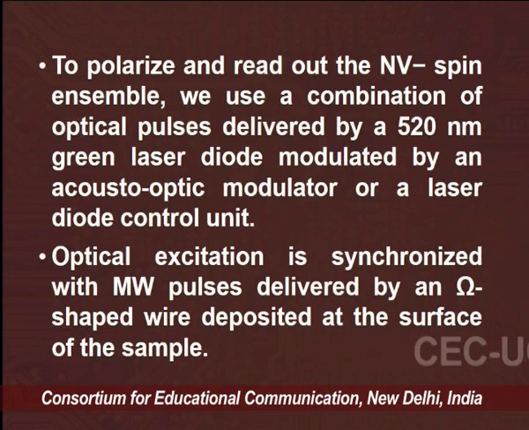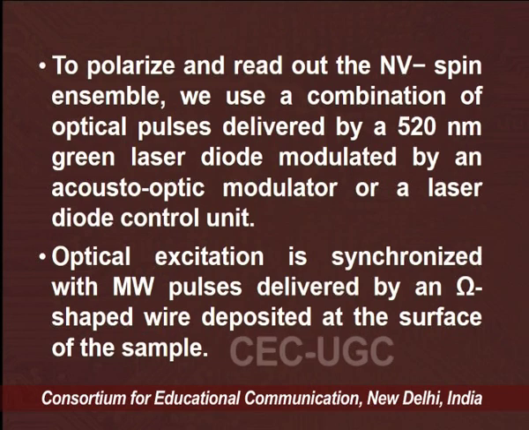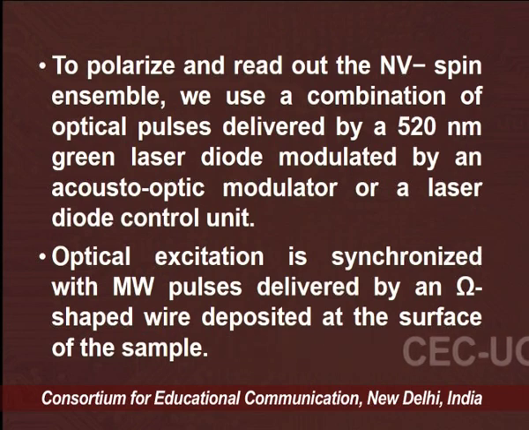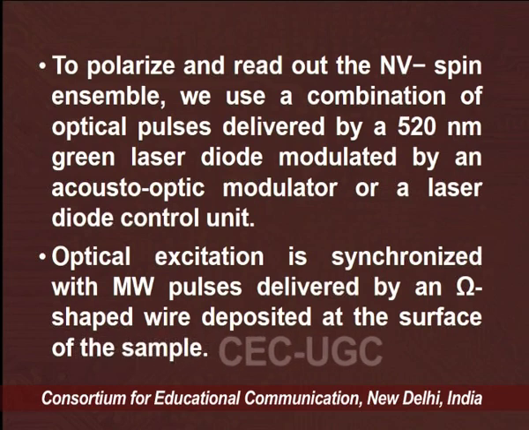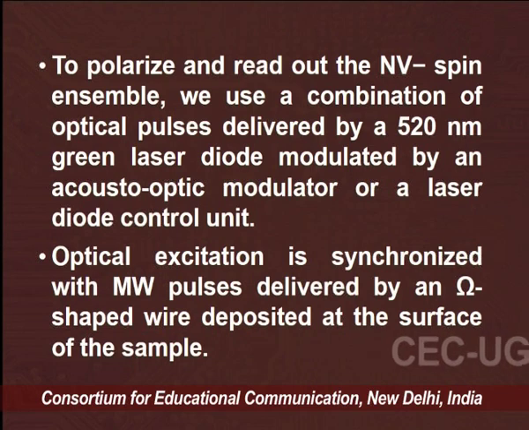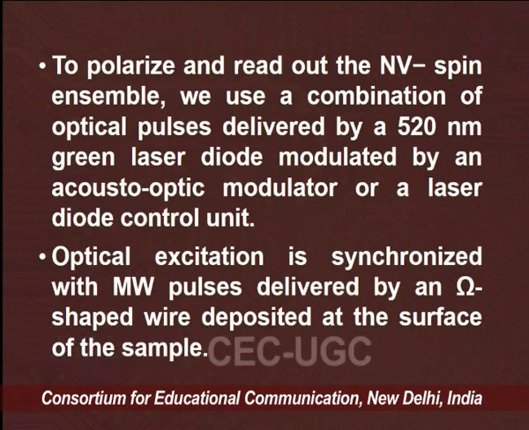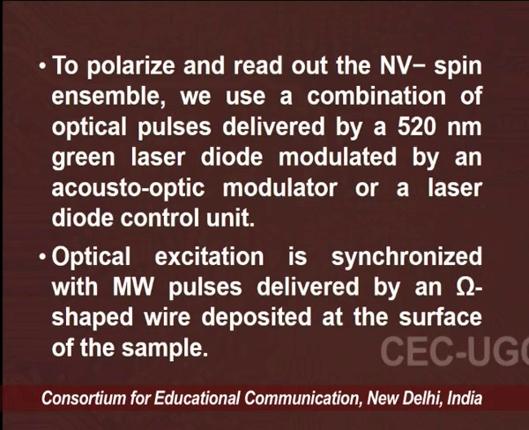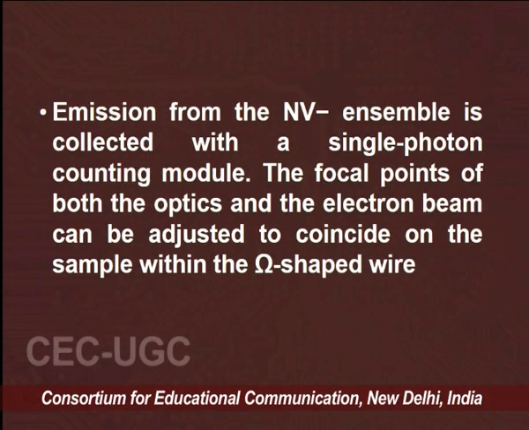To polarize and read out the NV spin ensemble, we use a combination of optical pulses delivered by the 520 nanometer green laser diode modulated by an acousto-optic modulator or a laser diode controller. The optical excitation is synchronized with the microwave pulses delivered by the omega shaped wire deposited at the surface of the sample.